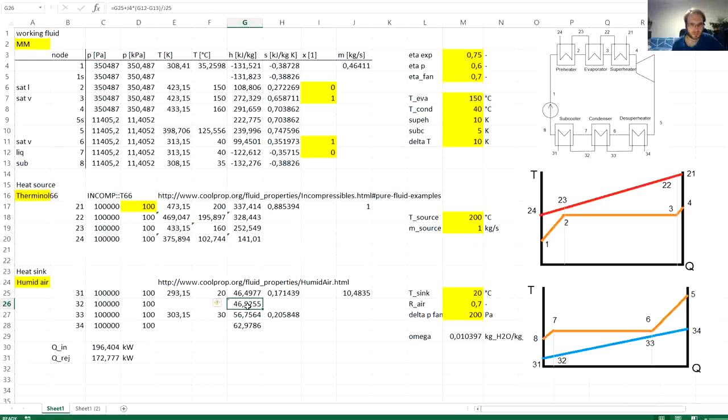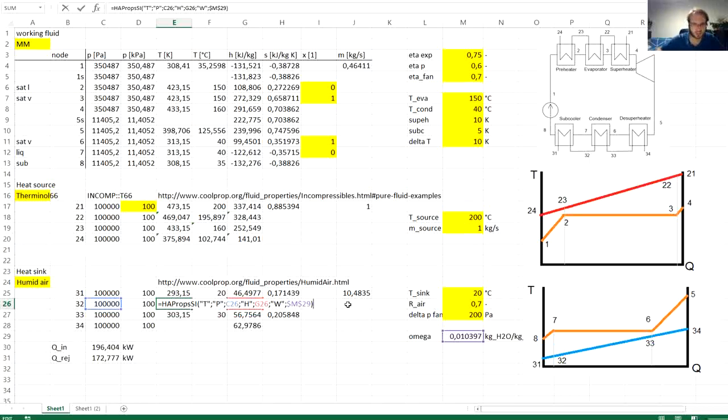So we have the enthalpies. Now we can get the temperatures out of them. So let's borrow the function for the enthalpy, and now we have a function for the humid air, where we want to get the temperature based on pressure, based on enthalpy, and based on the humidity.